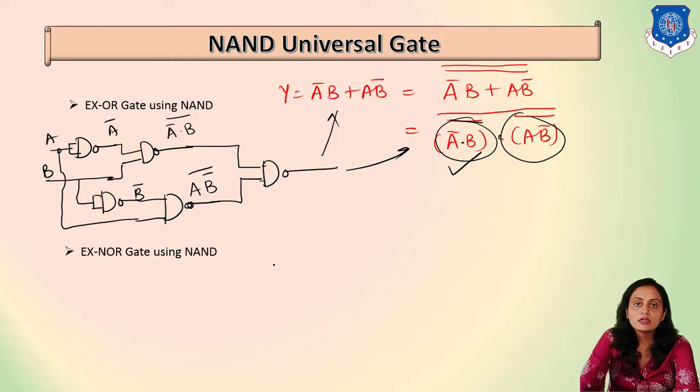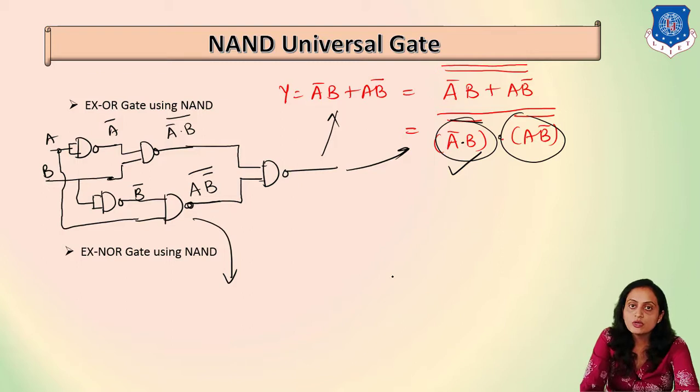Now to draw the logic circuit of XNOR gate using the NAND gate, what we will do, we will draw the same circuit and we will just put one NOT gate using the NAND gate. So the same circuit will be repeated and we will just put one NOT gate after that.